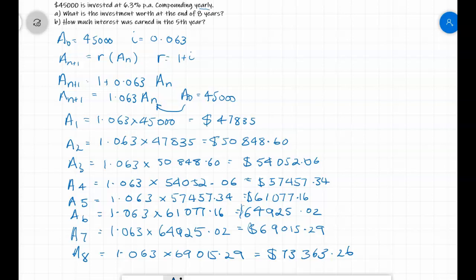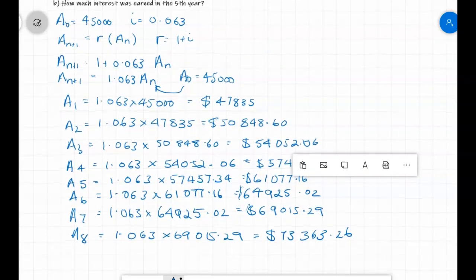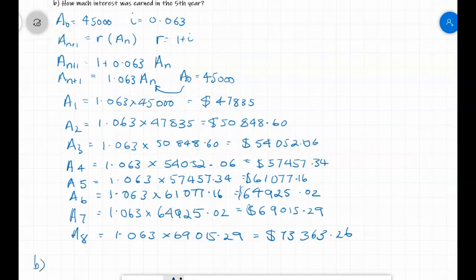All right, so that's the answer to A, which is what the investment was worth after the 8 years. We have to answer B, which is how much interest was earned in the 5th year. So for part B, interest in the 5th year.